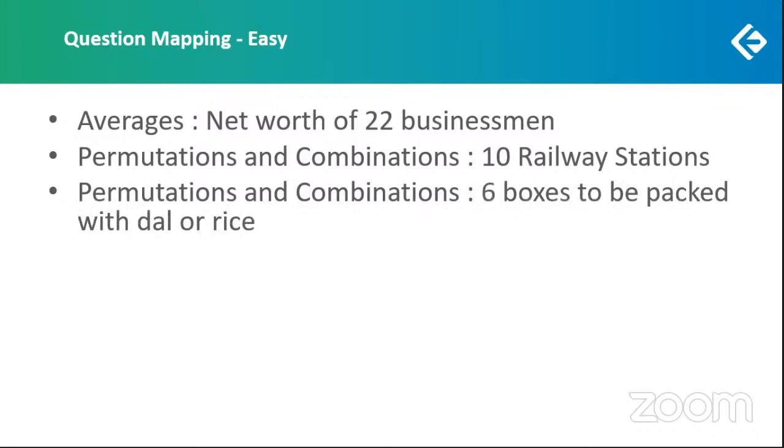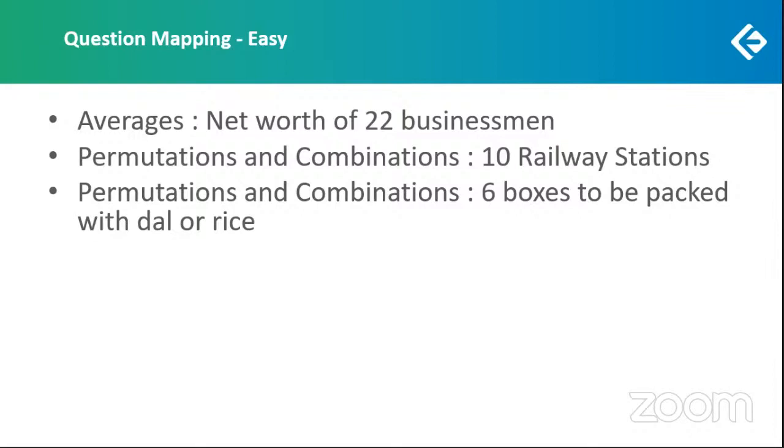Next question, again from PNC, wherein there were 6 boxes given, and these 6 boxes were to be packed with dal or rice. It was given that at least 1 pack consists of dal. At least 1 means there can be more than 1 box with dal also, and there was one condition given that if you are putting dal in multiple boxes, those boxes should be consecutively numbered.